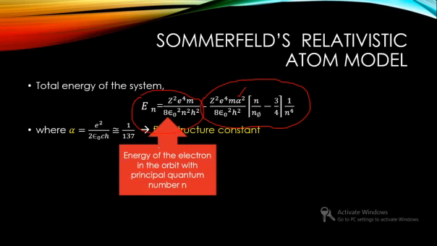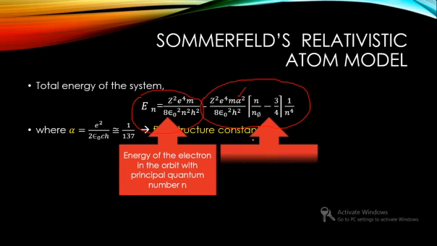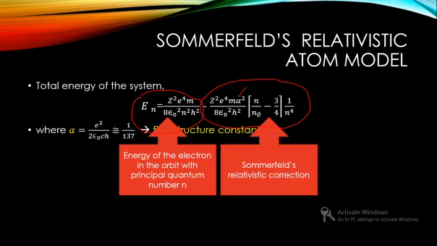As I mentioned, the first part of the energy term is what is given by Bohr as the energy of the electron in a particular orbit n, while the second part is given by Sommerfeld, and it is a relativistic correction to Bohr's energy for the electron.